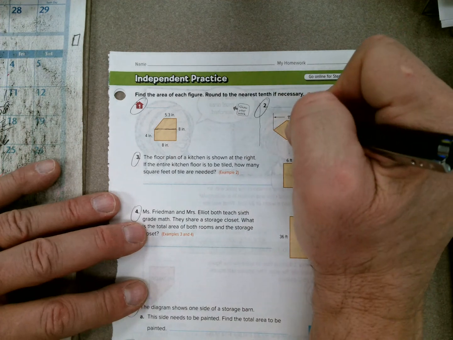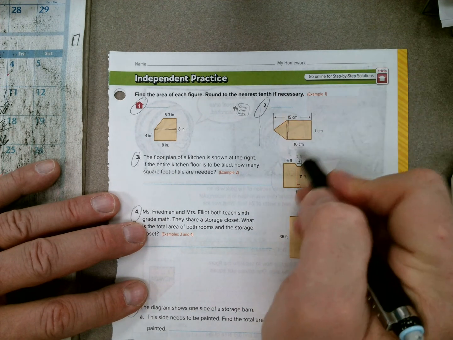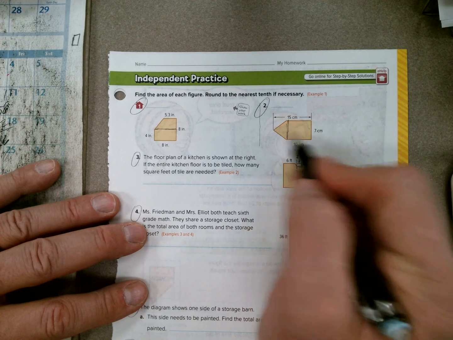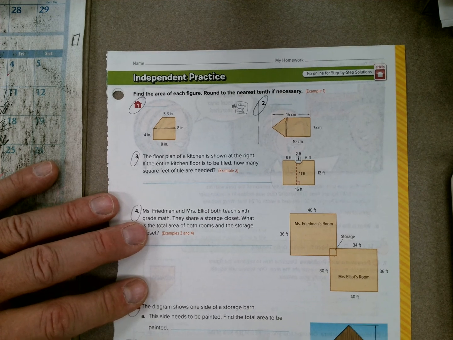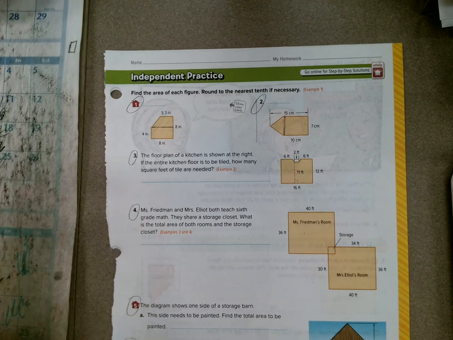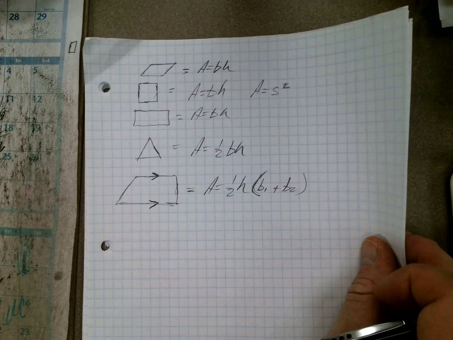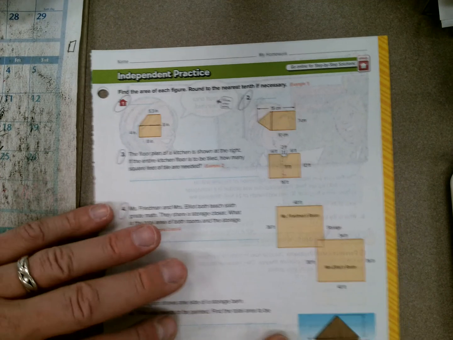Here, I would probably cut this something like this. Find the area of this rectangle. Find the area of this triangle. Add them together. So you have to know the formulas. You can reference that back, or you can do what I did, write them all down at the beginning, and then you always have something you can look at because that makes it easier.